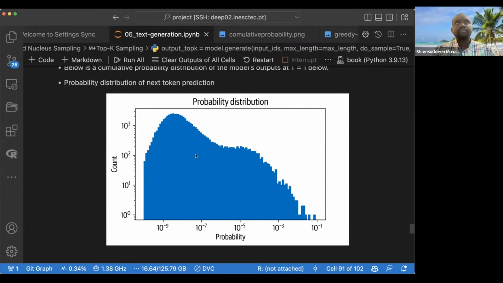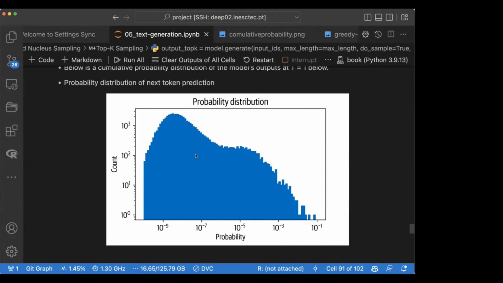In that case, you allow the number to vary, not the total probability. In top K, you allow the total probability to vary, but you specify the number. So that's how you get the choice between top K, or what they call nucleus, or top P.